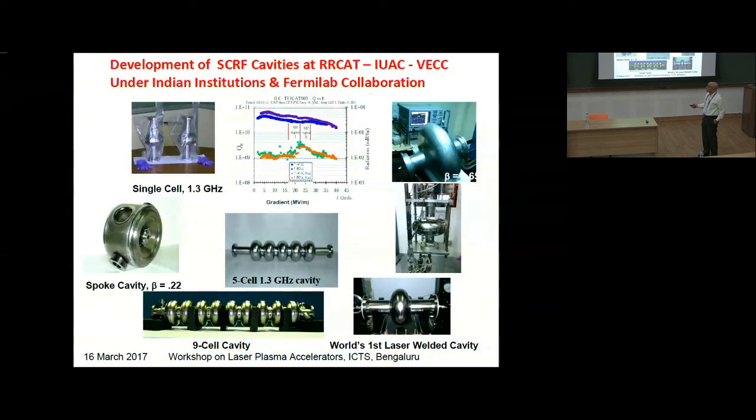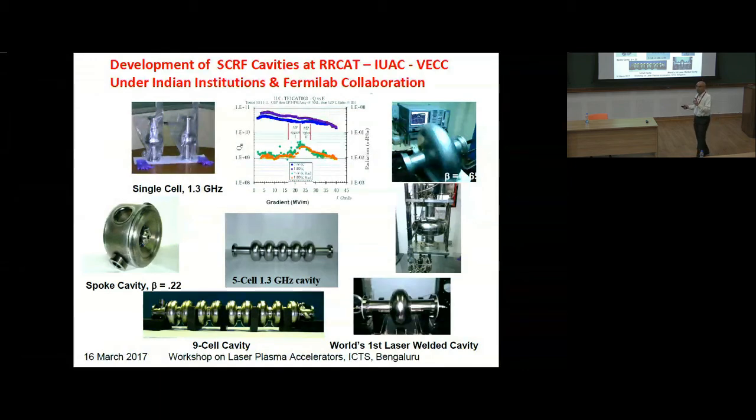This was designed jointly with Fermilab and RRCAT. It was fabricated, all the mechanical work was done at RRCAT, and the final electron beam welding was done at IUAC. And it generated extremely good fields.